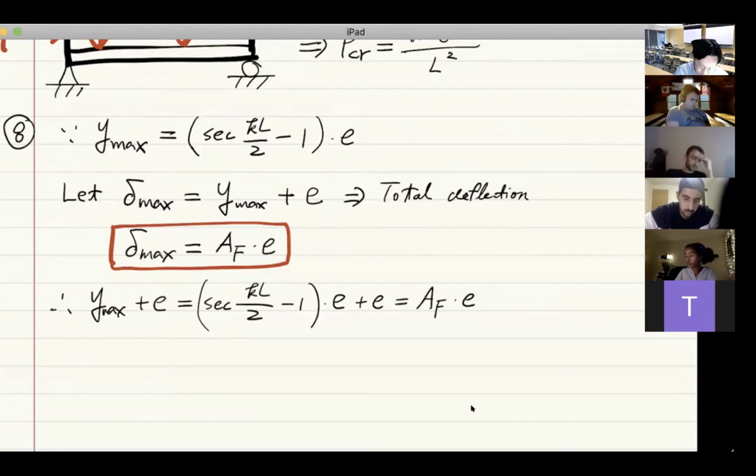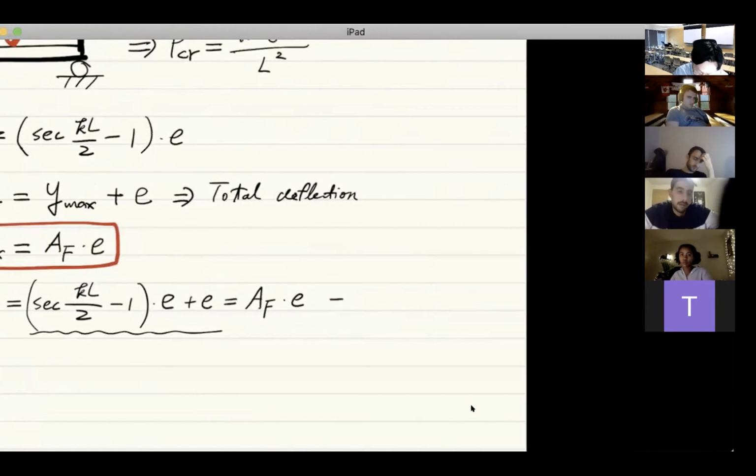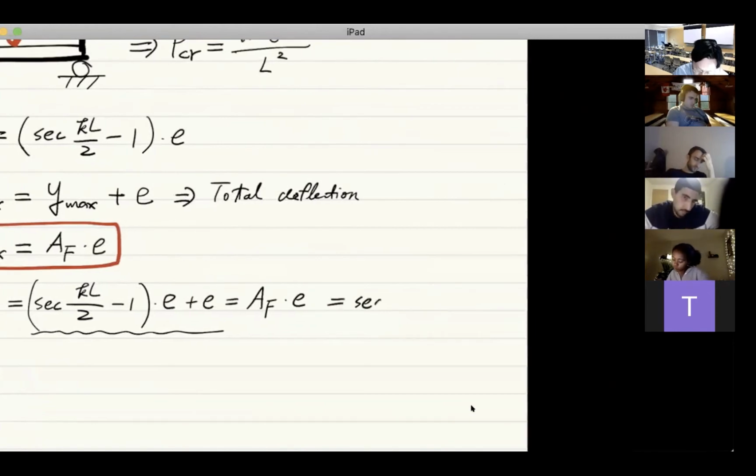So this, of course, as you know, will cancel out one of the E's. Therefore, this whole thing will simply become secant KL over 2 times E. Correct? So what is the expression of AF? The expression of AF is just this. Yes, just secant KL over 2, which is this.